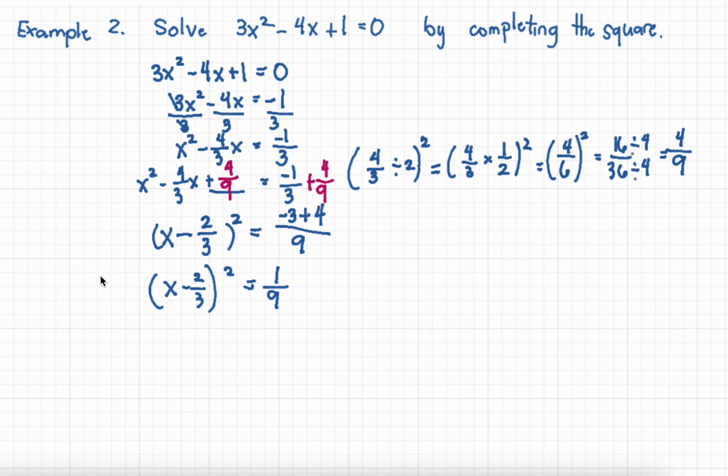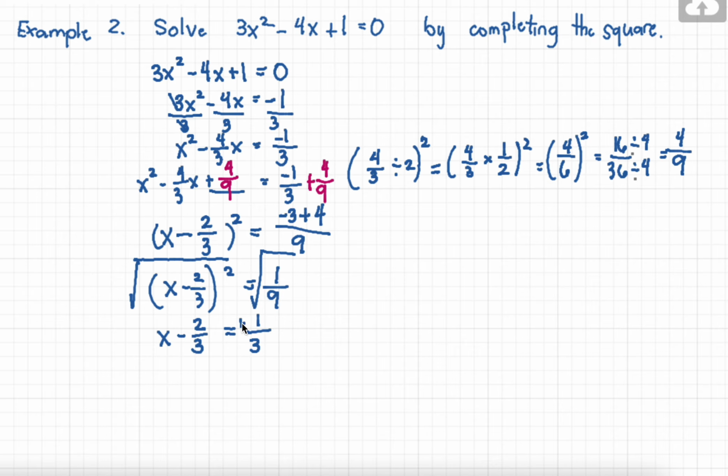So, from here, we proceed through taking the square root. Okay? So, again, the square root and the square will cancel. Ang matitira ay x minus 2 over 3, nasa loob lang ng parenthesis. Square root of 1 is 1. Square root of 9 is 3.